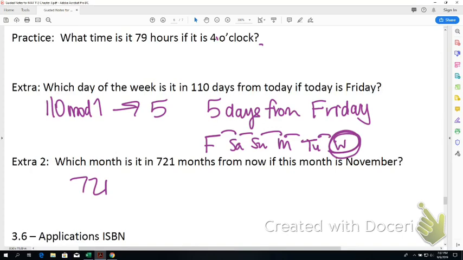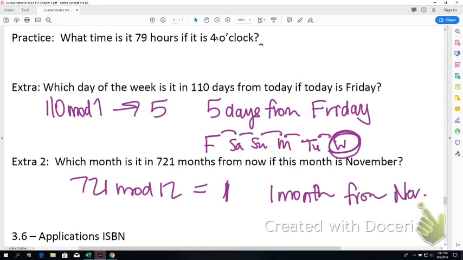If you practice with long division, or you could do the algorithm, you should get 1. That means it's 1 month from November, so that would be December. These are some of the clock arithmetic problems you would have.